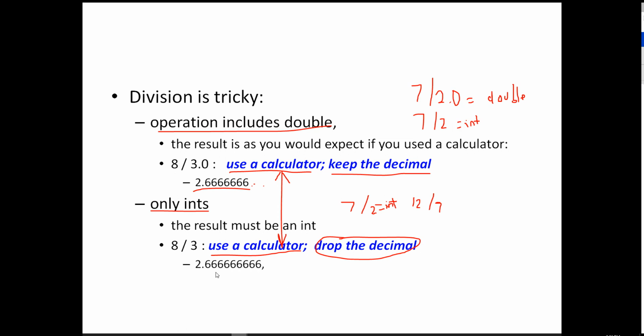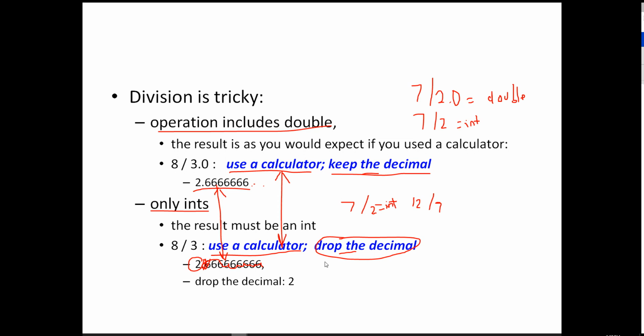You get 2.6666, right? Just like we did up here. It's the same thing. You use the calculator. Now comes the step that's different: instead of keeping the decimal, we're going to drop the decimal. And if you were to drop the decimal, what are you left with? You're left with just an int, the 2.